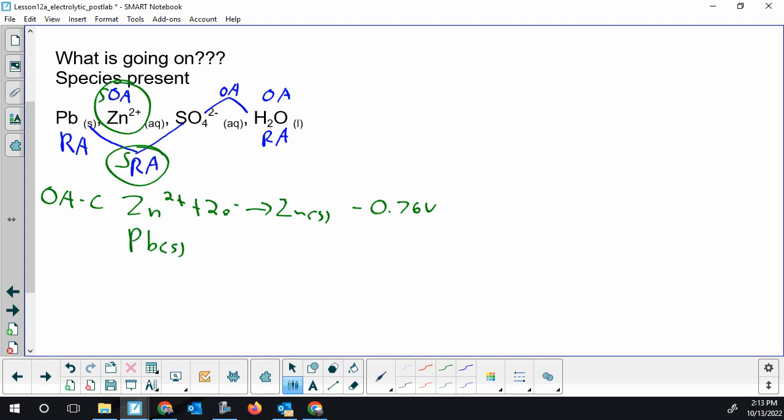So lead, that would be one of our electrodes, plus sulfate 2- anion. It's going to make lead sulfate. Now that's an ionic compound that's not going to stick to another metal. It's just going to precipitate out of our solution. And this cell potential is minus 0.36 volts.